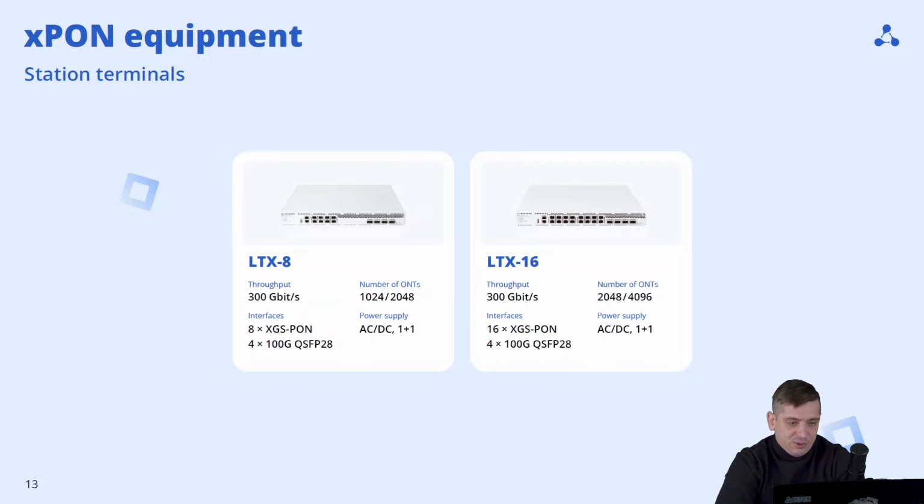This unit is supplied with 4 100 gig QSFP28 interfaces, which satisfy all requirements for modern GPON networks. They are also equipped with AC and DC power supplies, which can be instantly replaced in case of failure or in case of some accident on your network within the power unit.